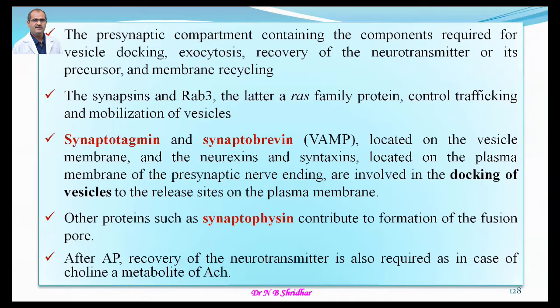For making this joining, synapsins and RAB3, the latter a RAS family protein, control trafficking and mobilization of the vesicles.